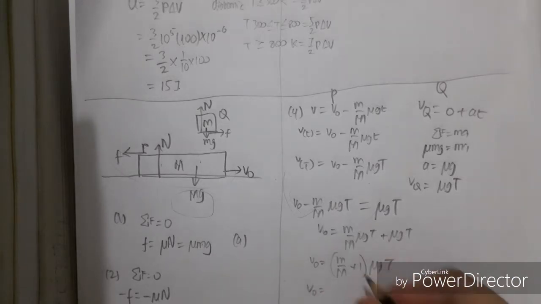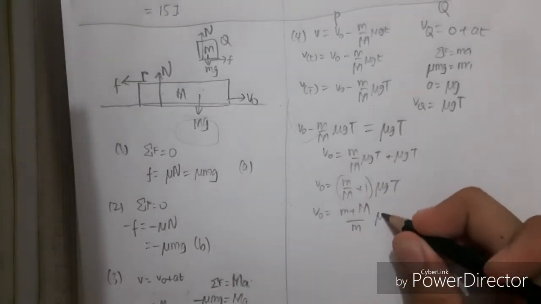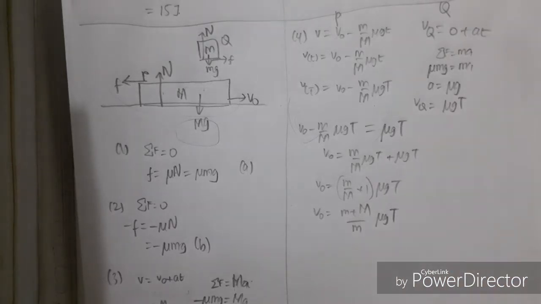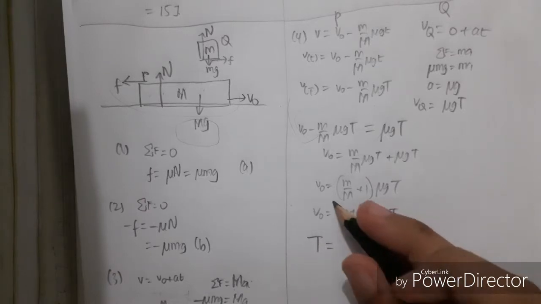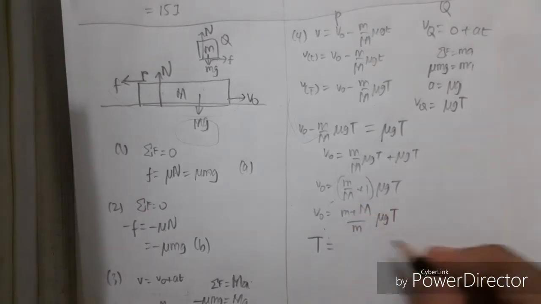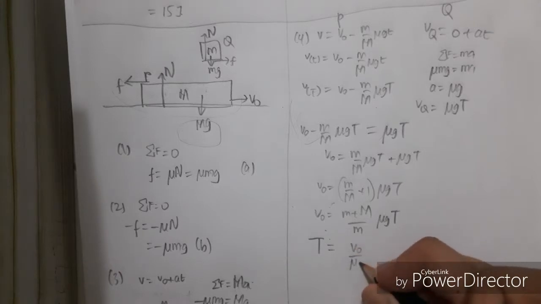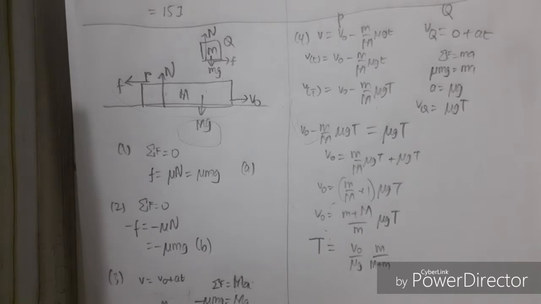We can calculate this value. So m plus m over m mu gt. And we can calculate it further because we need to find t. So this goes up, this goes down, this goes down. So v0 over mu g, m over m plus m.